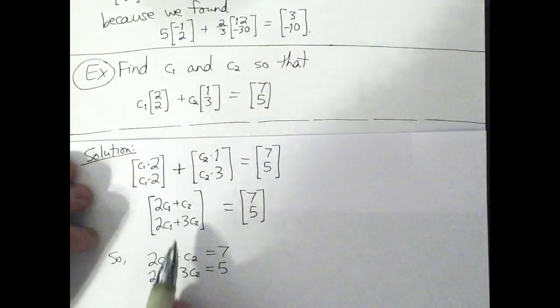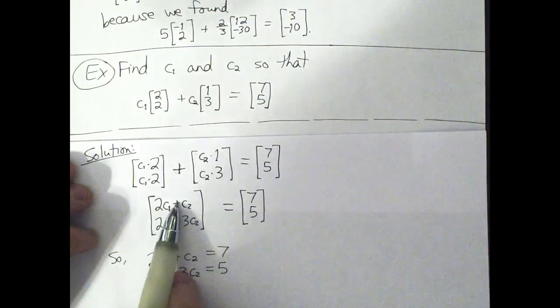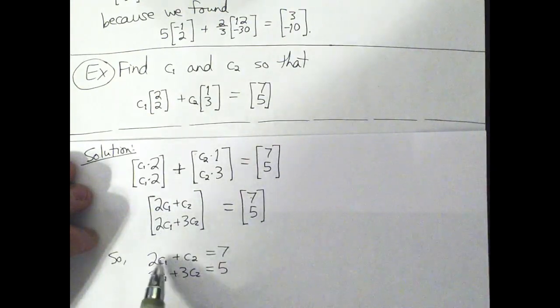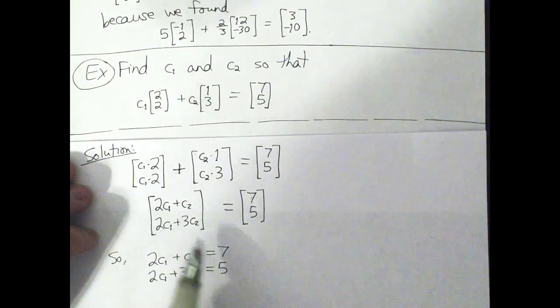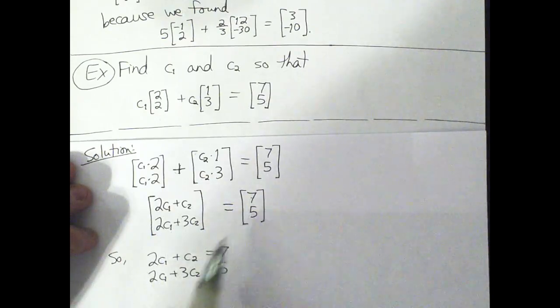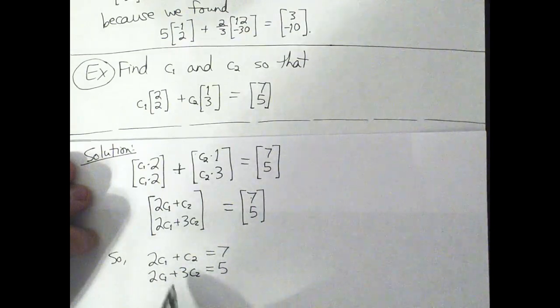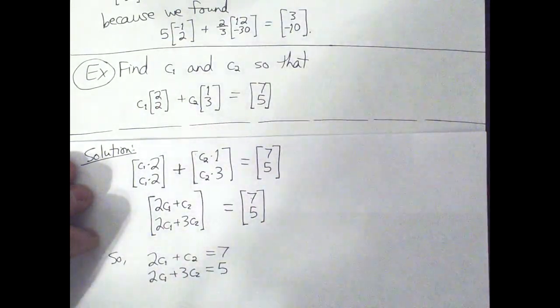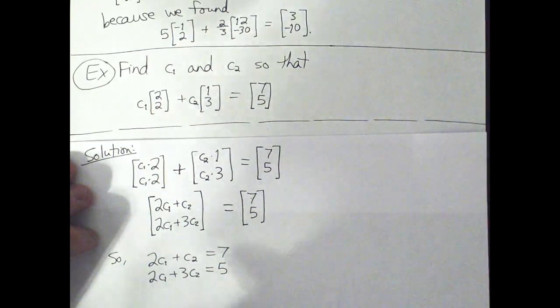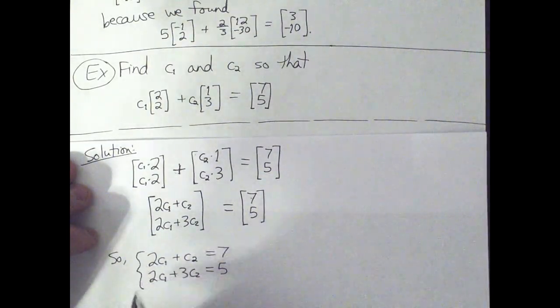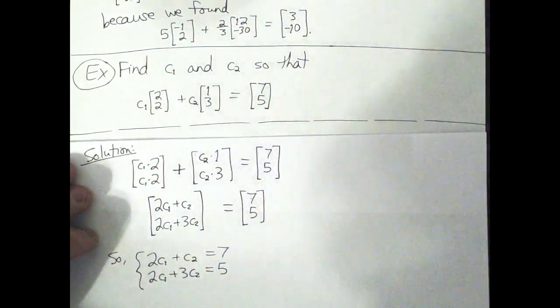In order for the top entry to equal the top entry, 2C1 plus C2 has to equal 7. And for the bottom entry, 2C1 plus 3C2 has to equal 5. We got two little equations, and both of these have to be true. I could put a little bracket next to them and think of this as a system.